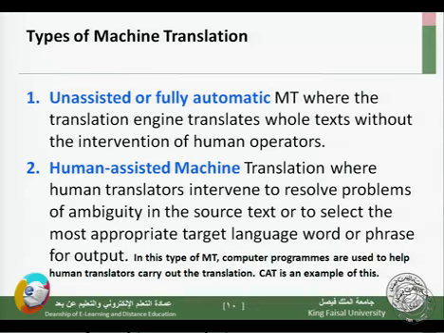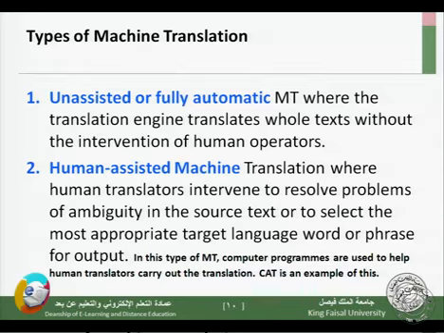Now, human-assisted machine translation, this I don't mind really. It helps. Why? Because you, as a human translator, control. You say, I want this translation, please, from this program.